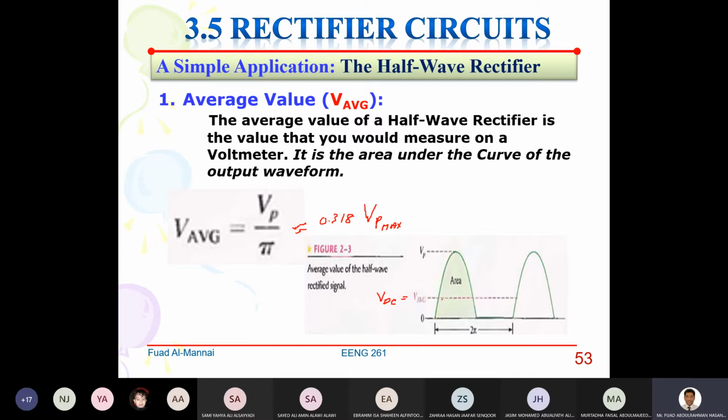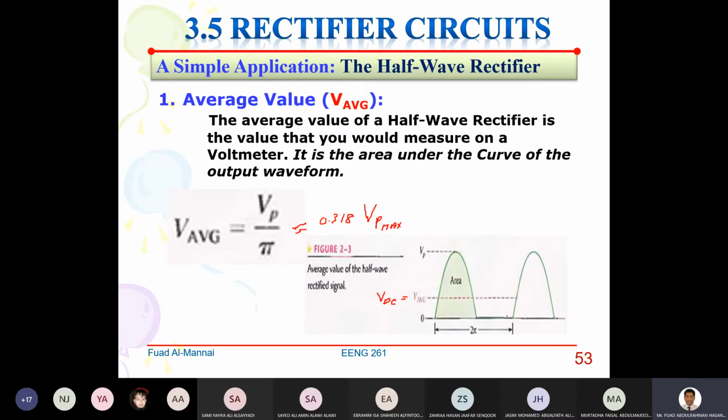The VDC, which is this line here, is calculated from the area under the curve. The area under the curve here is only this positive part. So we take the average value for one full cycle, from here to here.